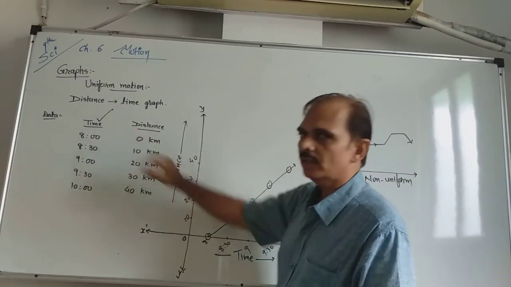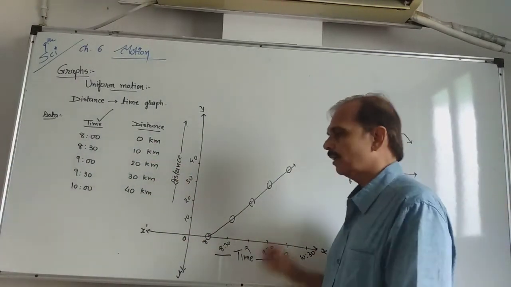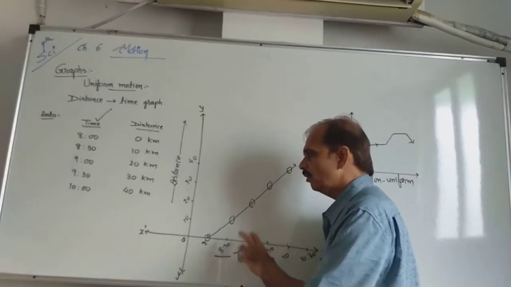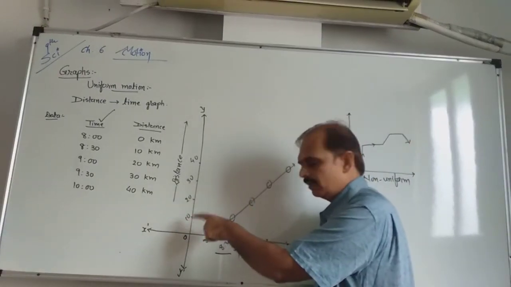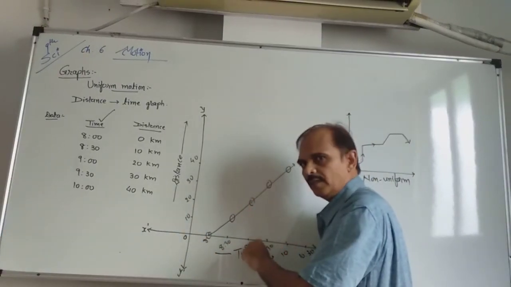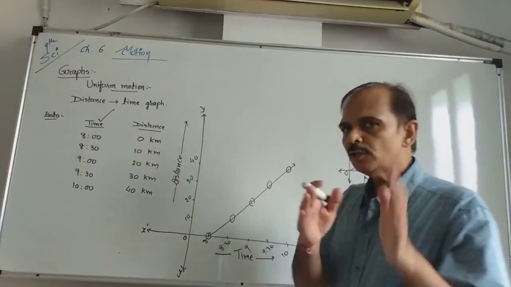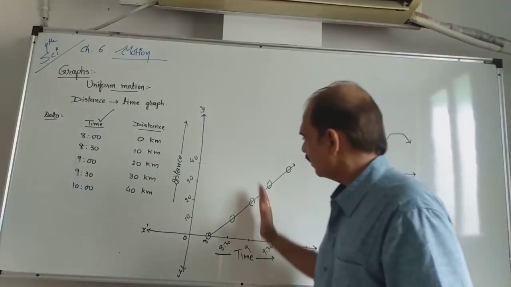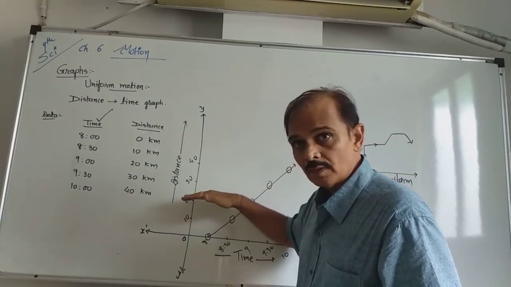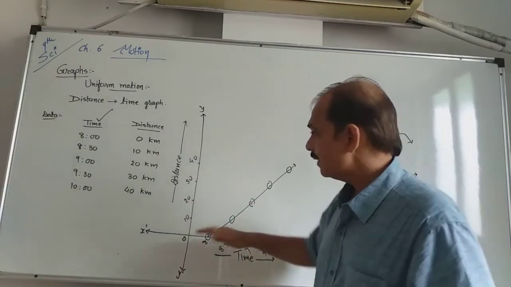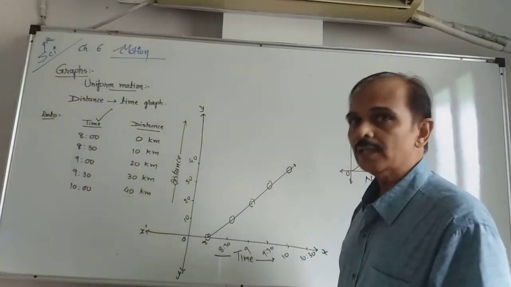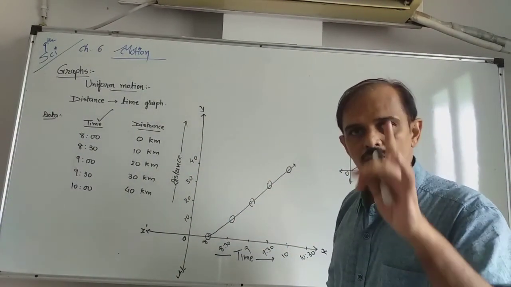Even if data is not given, from the graph we can find out the distance covered by the object from time. If time is given, at a particular time, the distance covered by the object is known. Vice versa, to cover a certain distance, the time taken by the object is also known.